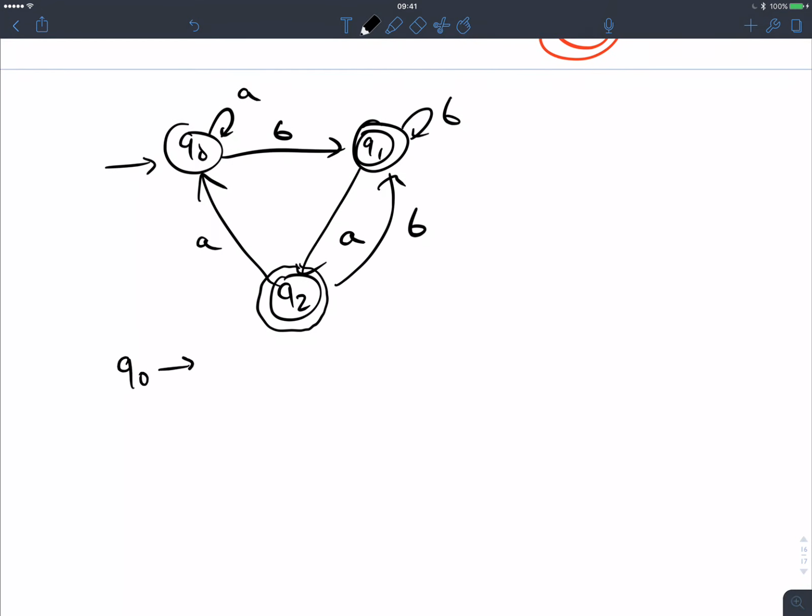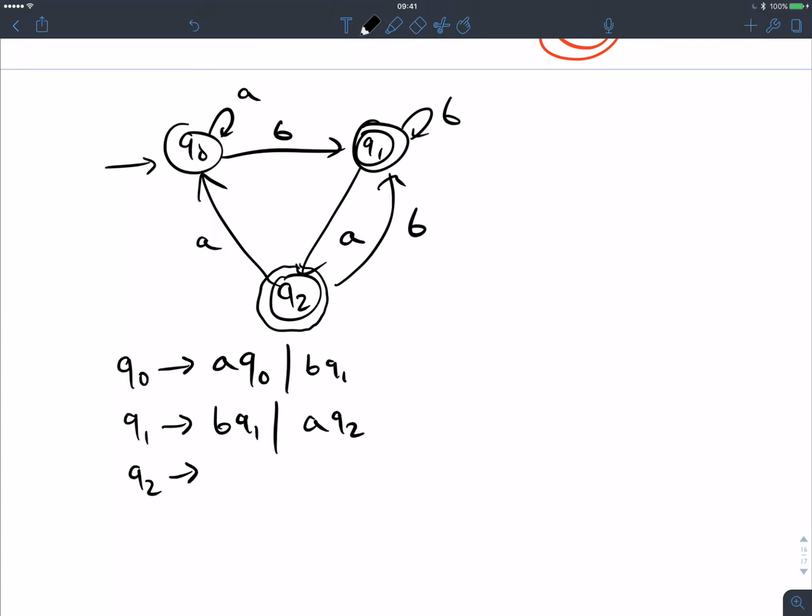Q0 is going to produce something. Q1 is going to make stuff. Q2 is going to make stuff. Well, what is Q0 going to make? AQ0 is one of them. What's another one? BQ1. What is Q1 going to make? BQ1 or AQ2.